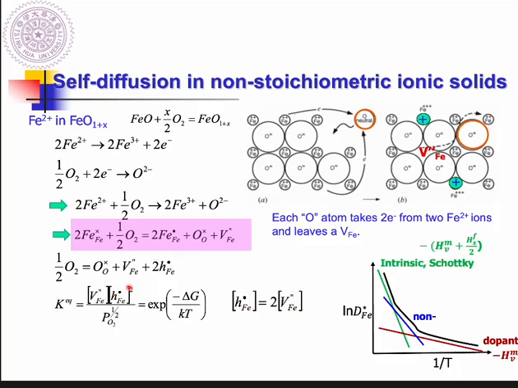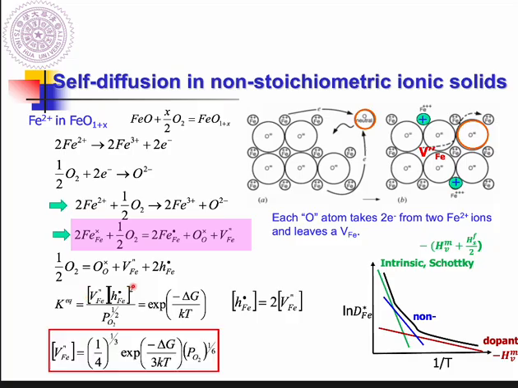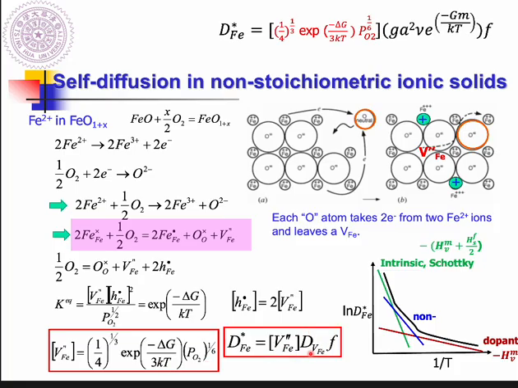So I can substitute this in terms of VFE. I will put a 2 VFE squared, and it will be 2/3. So I will get the VFE shown here. Substitute here and times dV, then finally I can get the diffusivity for iron, which is this VFE dVF.